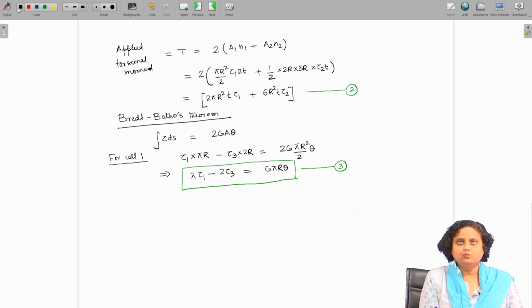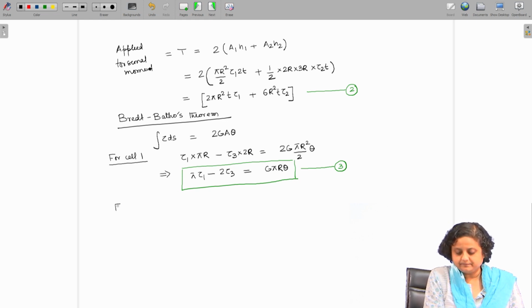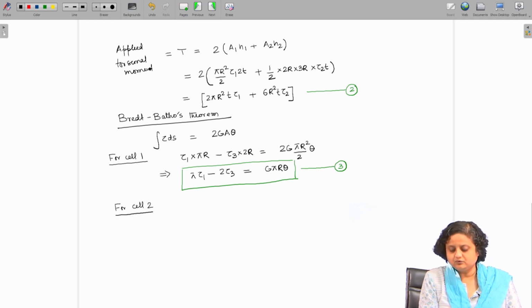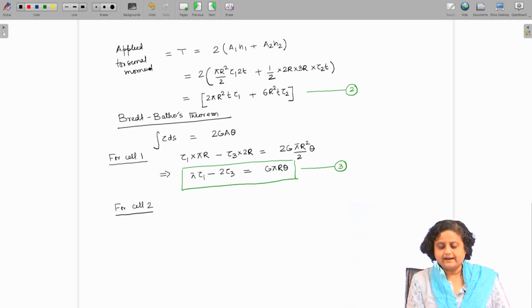Now, let us move into cell 2. Again we apply the Bredt-Batho theorem.